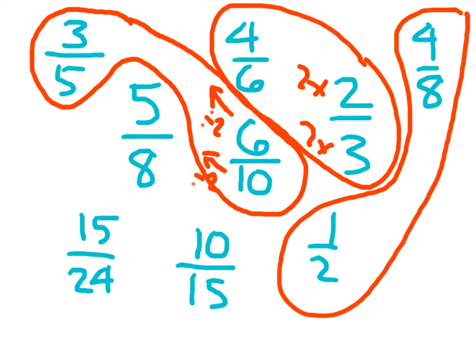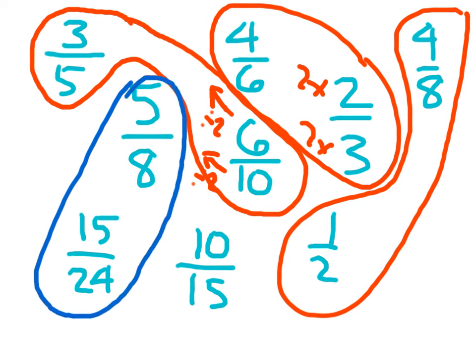We also divide by 2. So 6 divided by 2 is 3, 10 divided by 2 is 5. Now out of those remaining that are on the screen, go ahead and point at the 2 that are equivalent. Right, 5/8 is equal to 15/24.